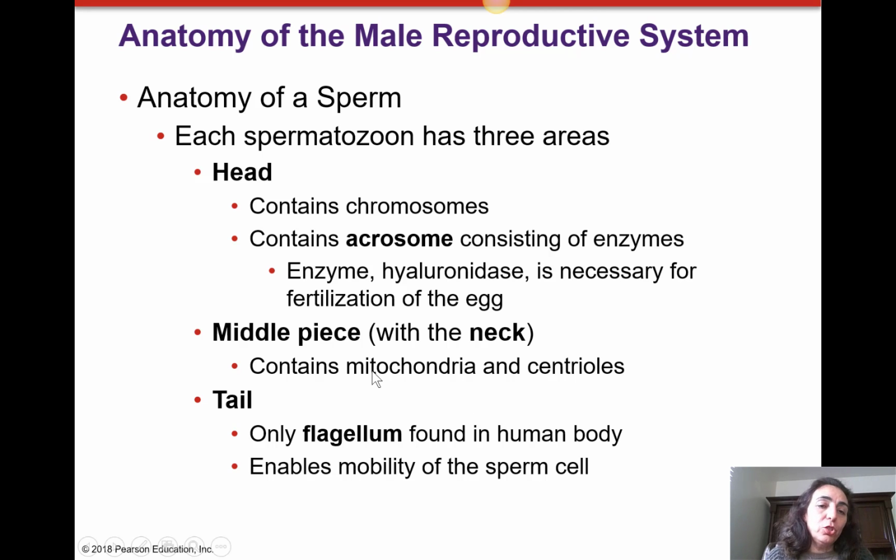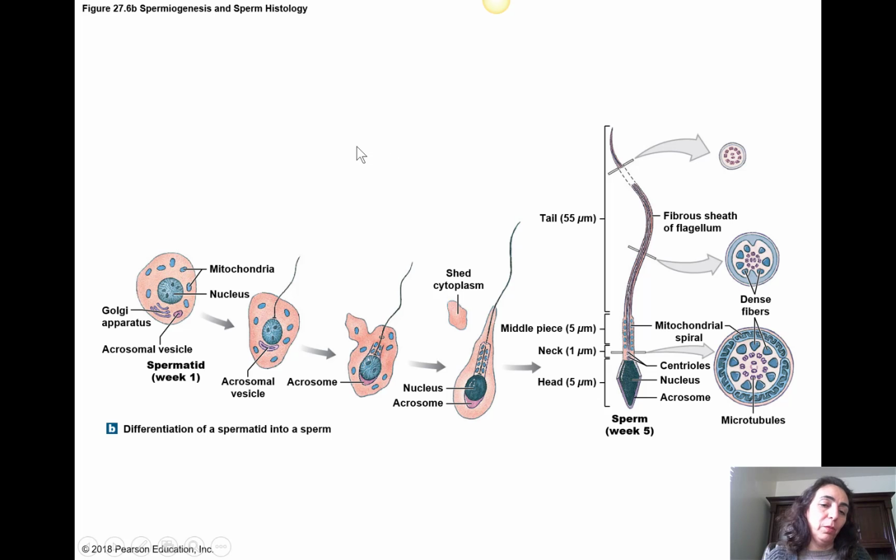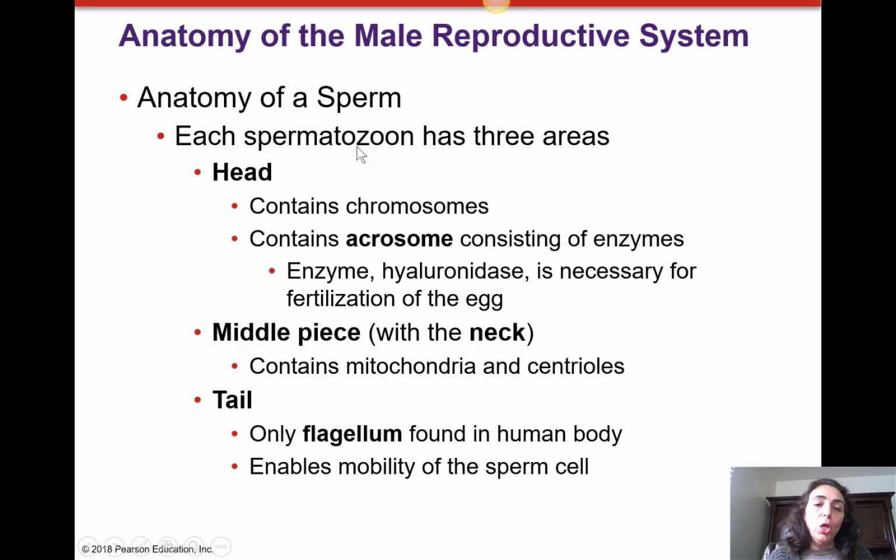Now, the structure of a sperm after the spermatid has developed and made a mature sperm. Each sperm is also called a spermatozoon. A spermatozoon means one sperm, right? Pay attention, you may see spermatozoa, Z-O-A, which is the plural of spermatozoon.